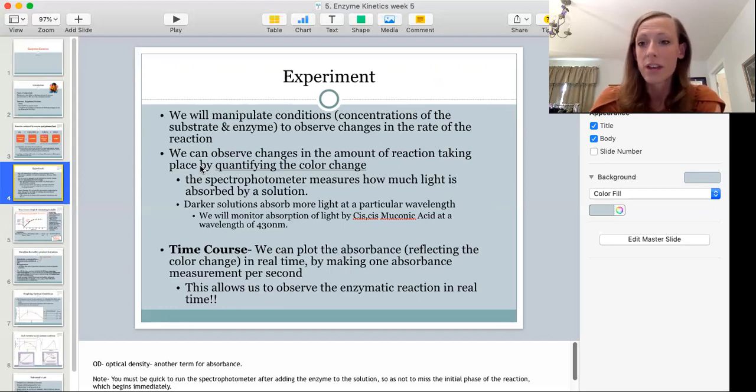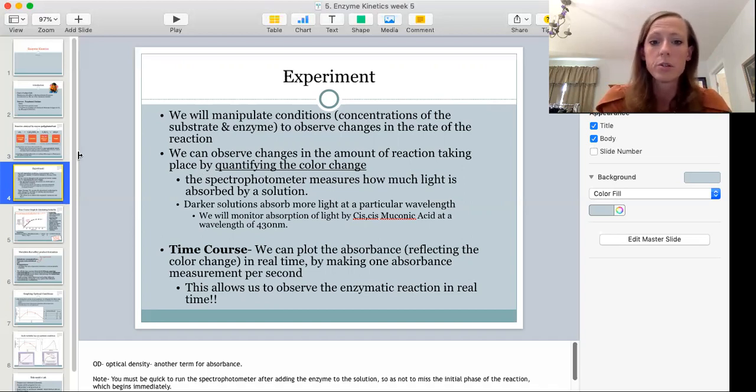So in order to quantify color change, we're going to use the spectrophotometer and observe how much light is absorbed by the solution that, as the reaction proceeds, should be getting darker, right? As this reaction takes place, there should be more and more product formed. And as that happens, you should be seeing more of that brown color.